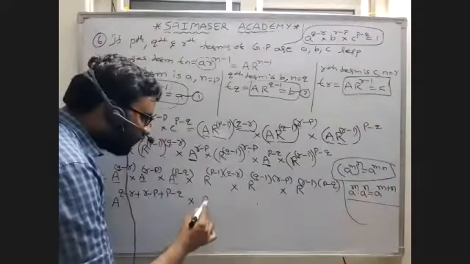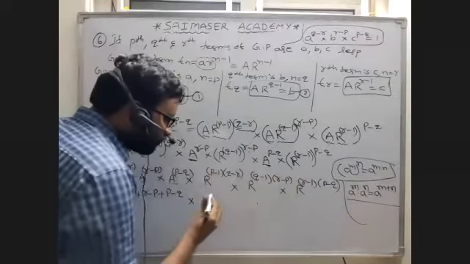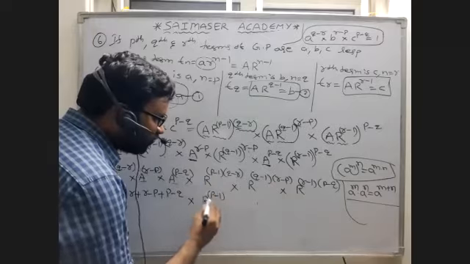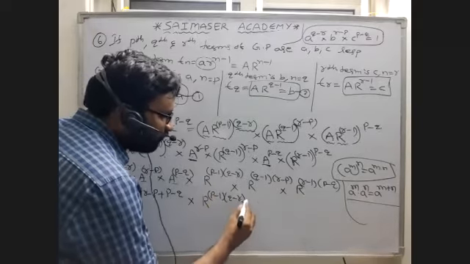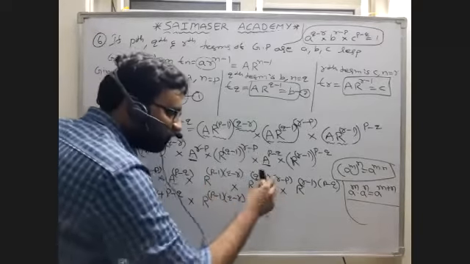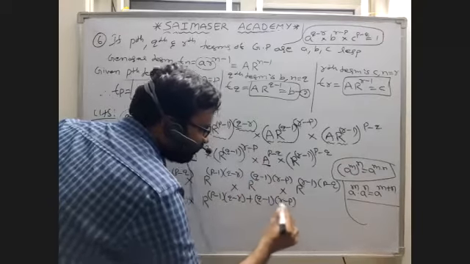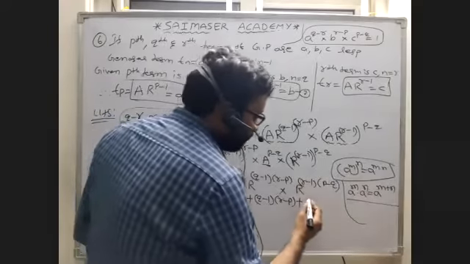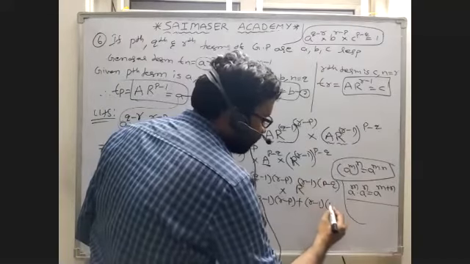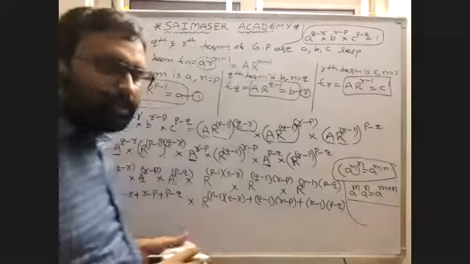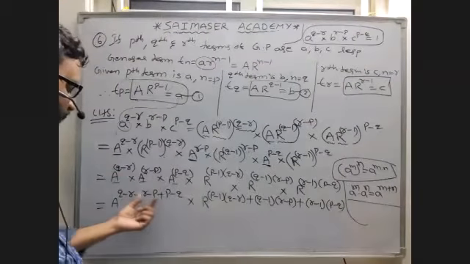That is r power, and we have to add the powers: (p minus 1) into (q minus r) plus (q minus 1) into (r minus p) plus (r minus 1) into (p minus q). So here, same bases, powers addition.